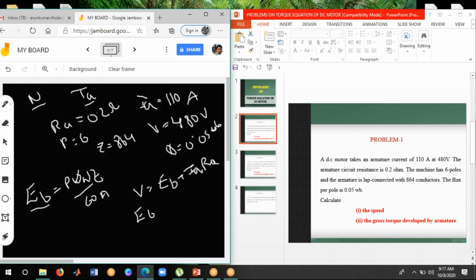EB is equal to V minus IaRa. Here V is already mentioned, that is 480, minus IaRa, which is 110 into 0.2. Then find the value of EB.